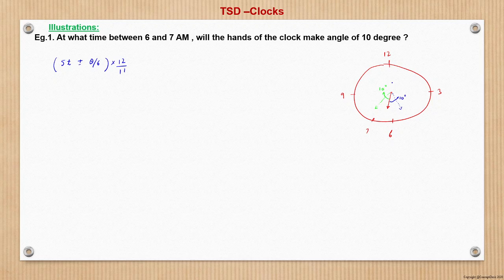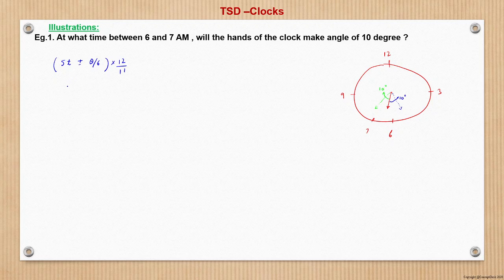At 6 o'clock the angle between the two is 180 degrees. So from 180 degrees the minute hand will have to travel 190 degrees with respect to the hour hand, or 170 degrees with respect to the hour hand, to reach this position. Using that we had obtained this.